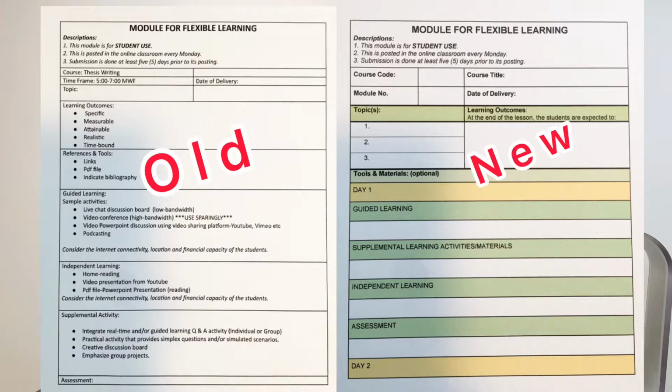You can see that the updated module, the latest module that we will be using for the second half of the semester, is somehow much more interesting, having its own color. But then again, it's not just about the color but the content. So we will discuss this time. I will discuss to you each and every portion of the updated or the revised module.